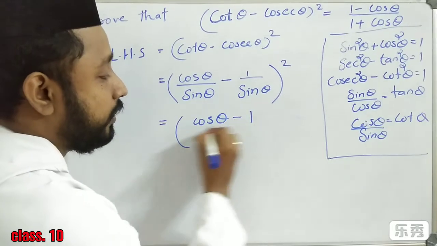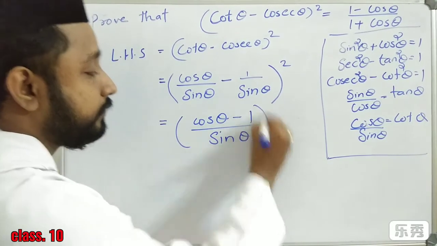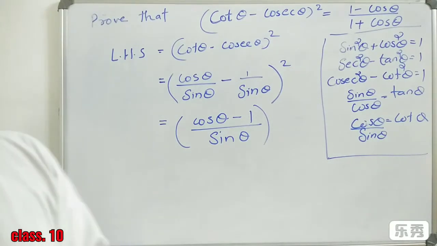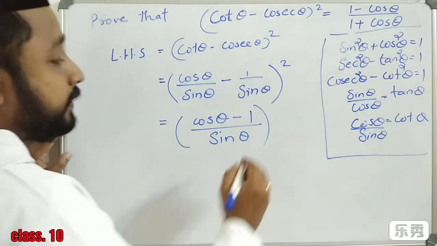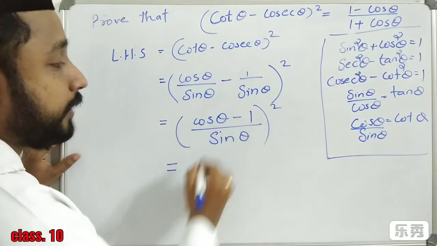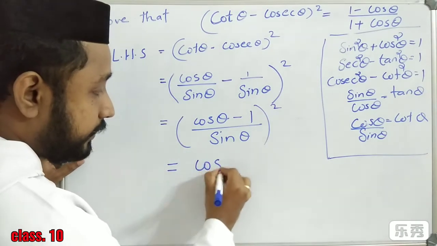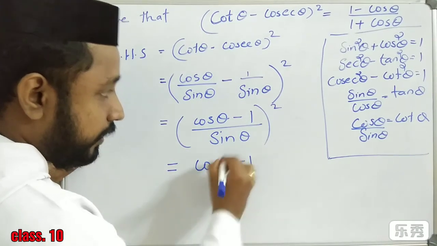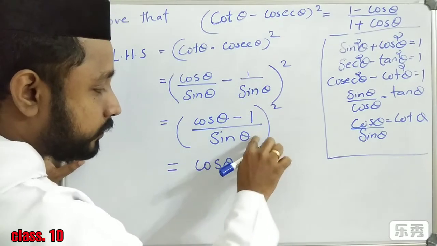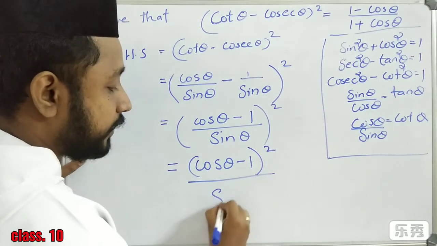Cos theta minus 1 divided by sin theta, all square, which is equal to (cos theta minus 1) all square over sin theta all square. The square applies to both numerator and denominator. So (cos theta minus 1) square by sin square theta.